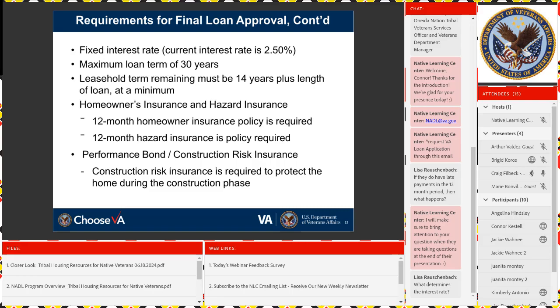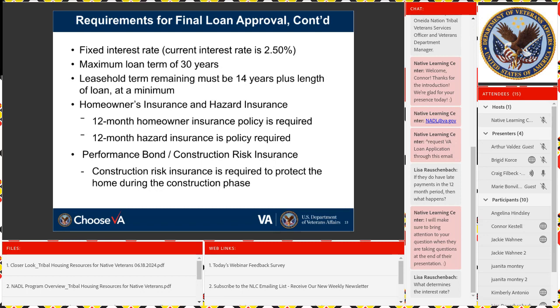Some other fees to consider, and they aren't necessarily fees, but they're items that we require with the loan. We will require the veteran to carry homeowner's insurance. And we do ask for a 1-year policy paid up front.